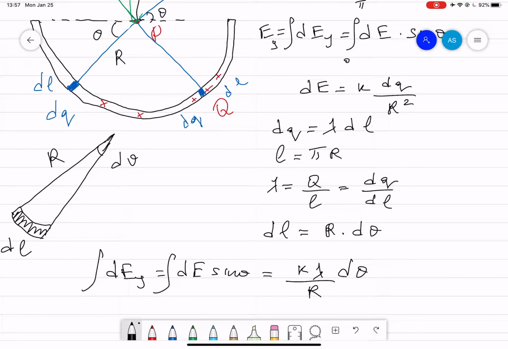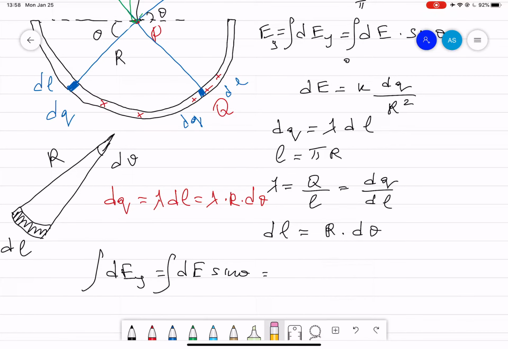So dq is equal to lambda dl, and dl is equal to r times d theta. If we clean this up, dE is equal to k dq over r squared times sine theta.